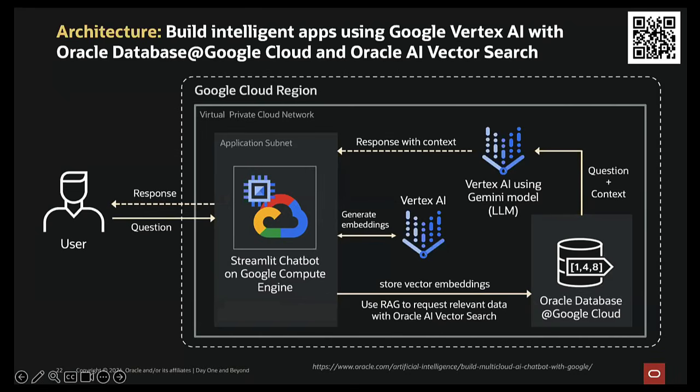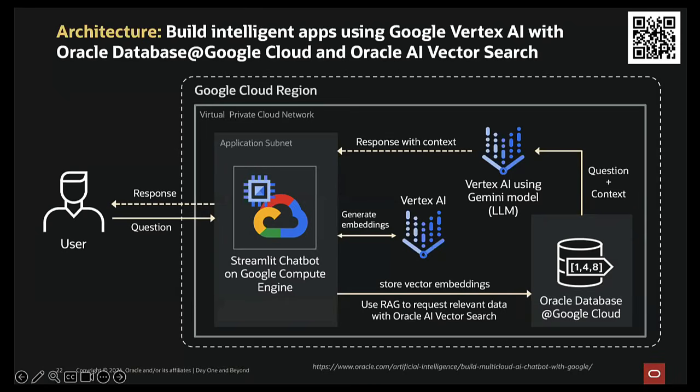And then these embeddings are used to query our Oracle AI database on Google Cloud, which stores the pre-generated vector embeddings for our knowledge base, which is your product catalog data. And using Oracle AI vector search, we perform a similarity search to find the most contextually relevant data that matches the user's question. And this is the core of the RAG pattern.